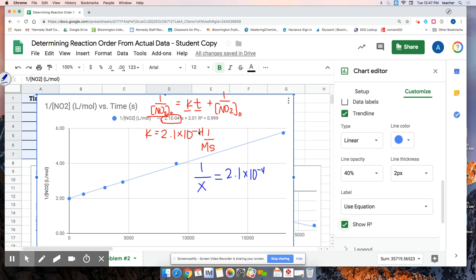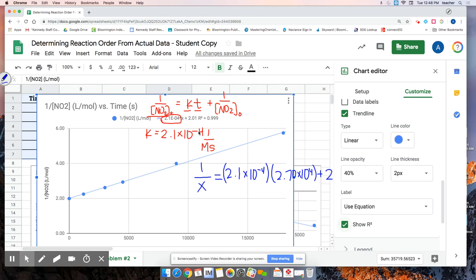So I'm looking for x is equal to my K, 2.1 times 10 to the negative 4th, times my time, which is, according to my problem, 2.70 times 10 to the 4th. And then plus 1 over my initial concentration, which if I go back to my data table, is 2.